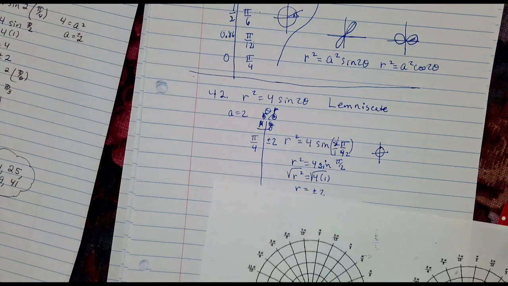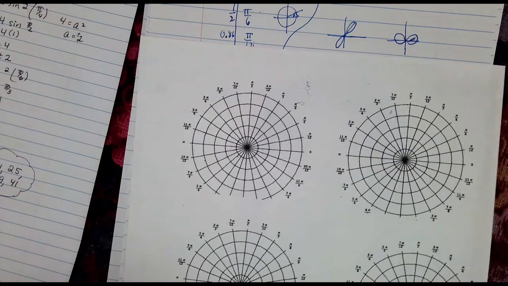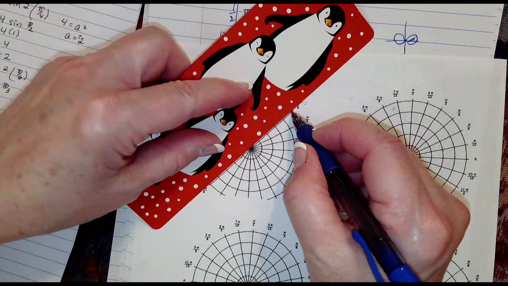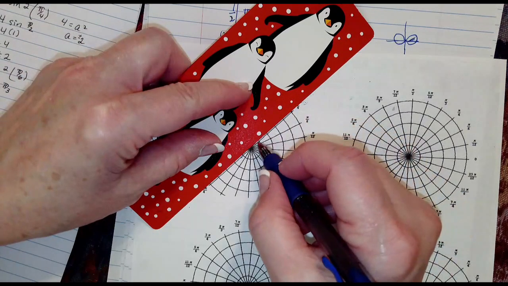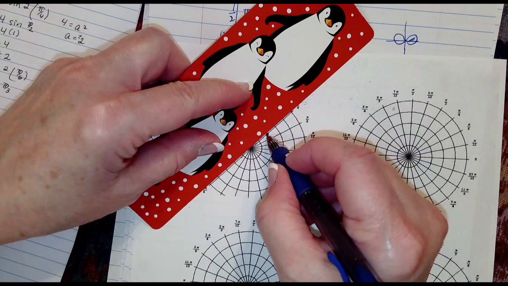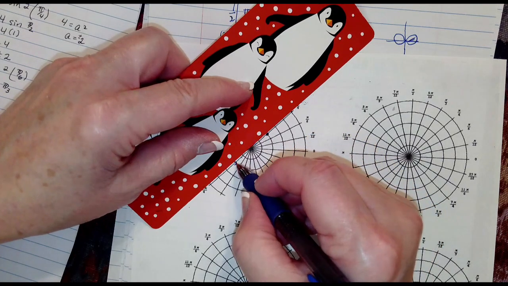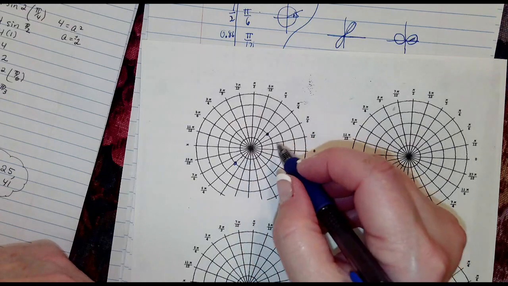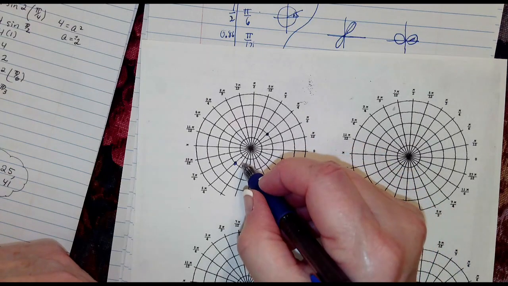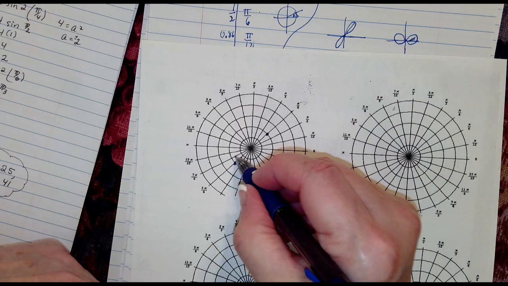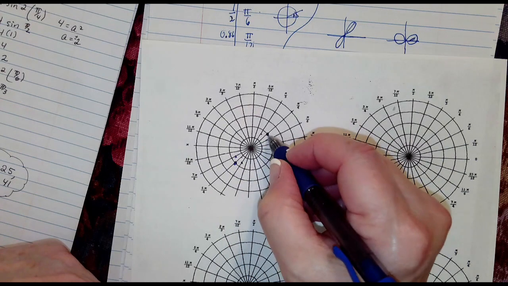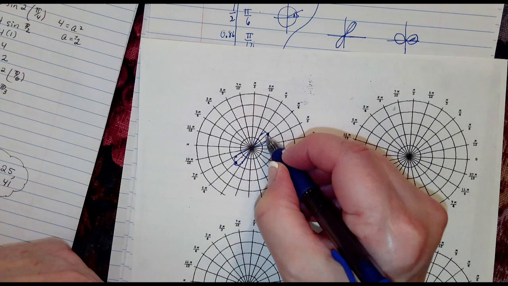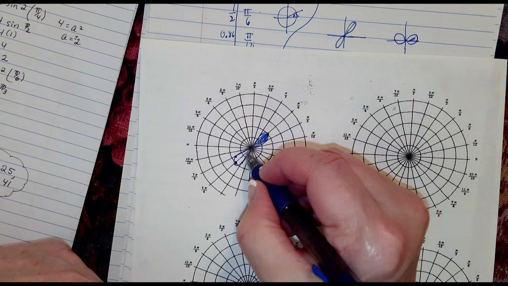So we're going to use our straight edge again. Pi over 4 would be here. So we're going to have plus and minus 2. So it's going to go out 2 here. It's going to go down 2 here. So it looks like this is going to be one of the ones that's on the diagonal, right? And then we just try one more point. It comes down to about here, and then we can parallel it over. So my graph looks something like this. And then you can color it in if you want to make it easier to see.